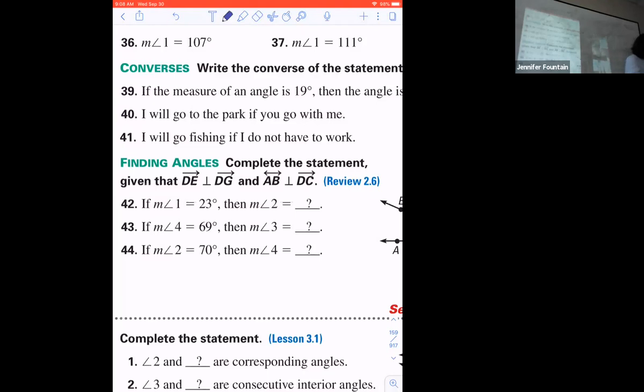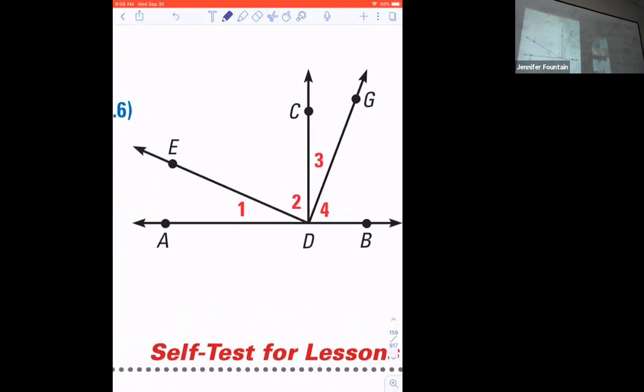So let's think about what they told us in the given. DE and DG are perpendicular. Okay, so let's take a look at this. That means DE and DG are perpendicular. What does that mean this angle would measure? 90 degrees because they're perpendicular, right? So I know that angles 2 and 3 would equal 90 degrees. And then it also tells me that AB and DC are perpendicular.